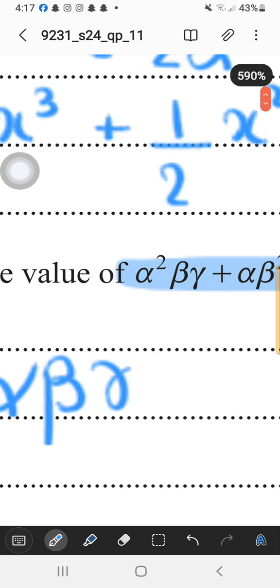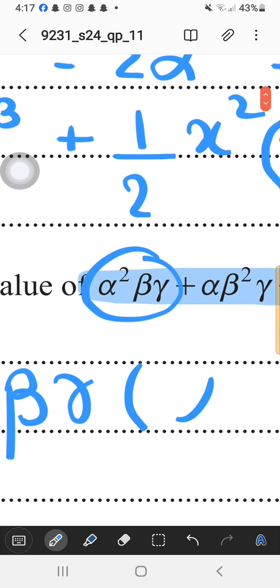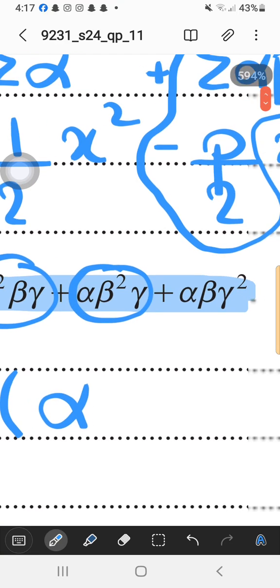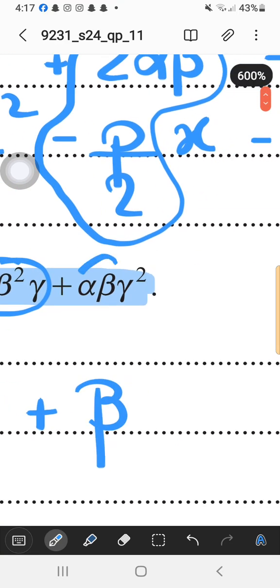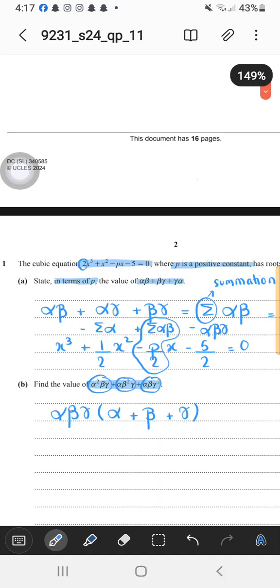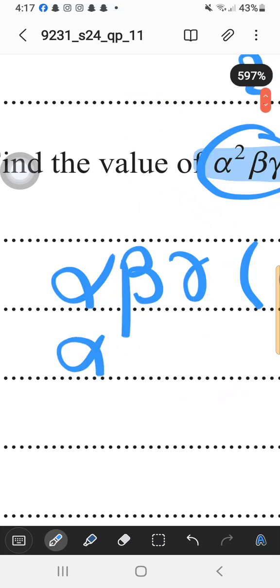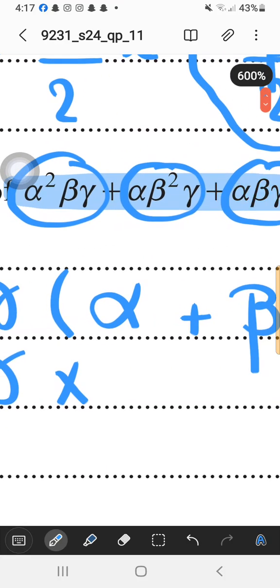If we take alpha beta gamma common from this, the alpha will stay here, and if we take alpha beta gamma from here, there will be beta only, and if we take alpha beta gamma from here, there will be only gamma. Okay, so basically this is alpha beta gamma multiplied by summation of alpha.